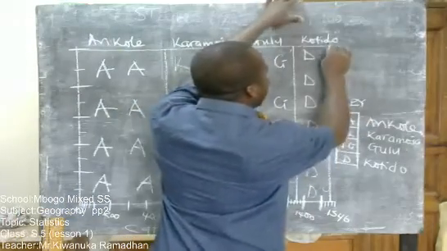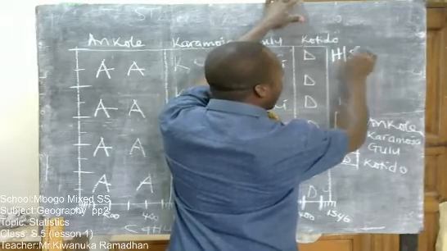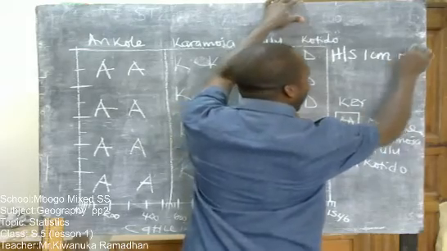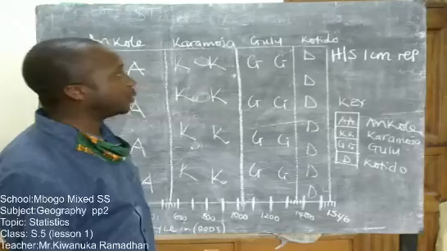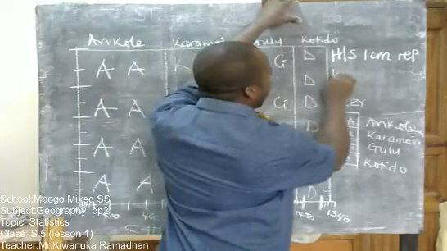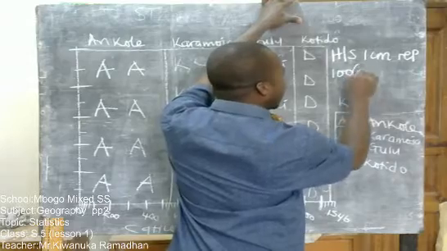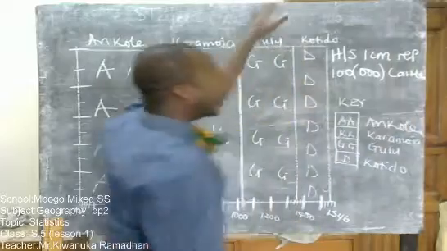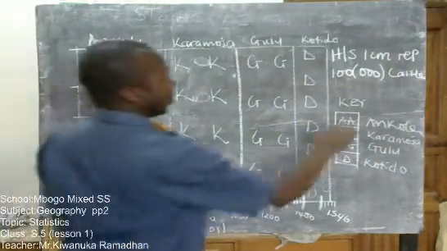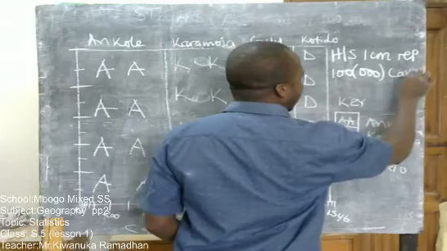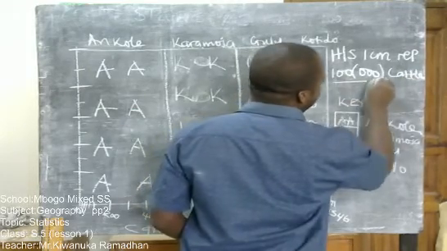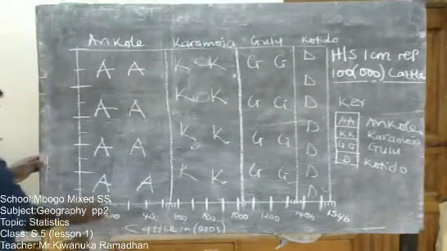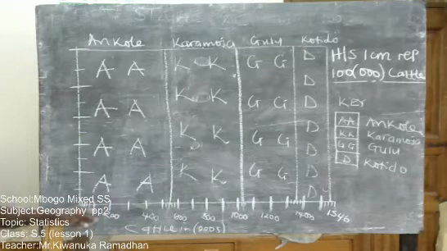Our scale is the horizontal scale, 1 centimeter represents 100,000 cattle. And this scale is what we transferred here, because this is the 1 centimeter.